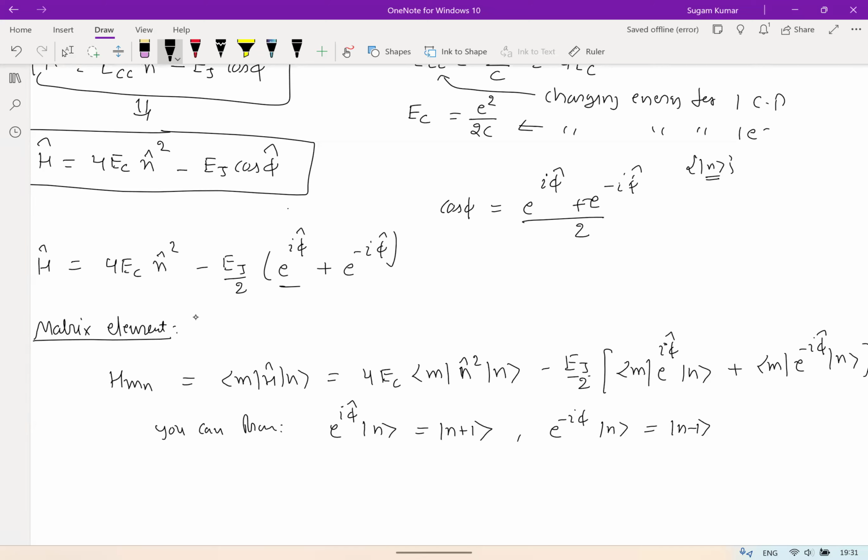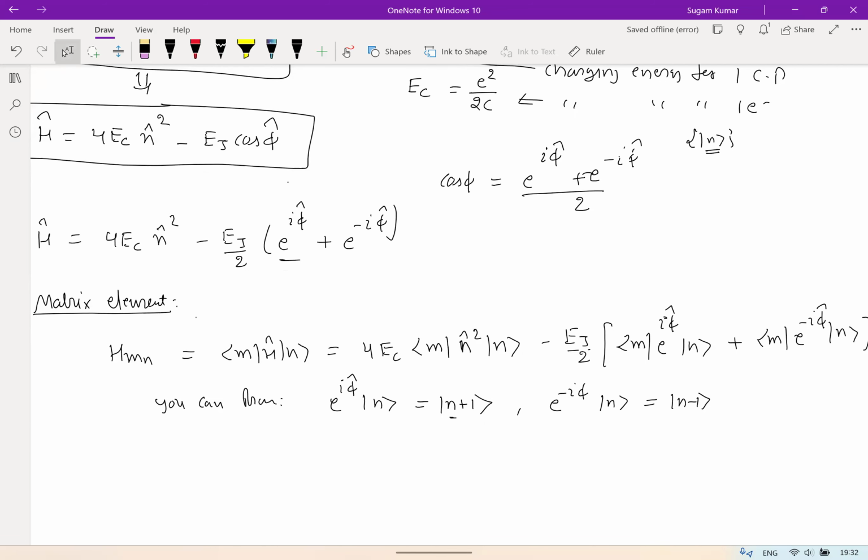But what are they raising and lowering? They are changing the number of Cooper pairs. I think it is better to always use the word excess, because N is not only the number of Cooper pairs, it is the excess Cooper pairs, so extra Cooper pairs. That is the equation here.